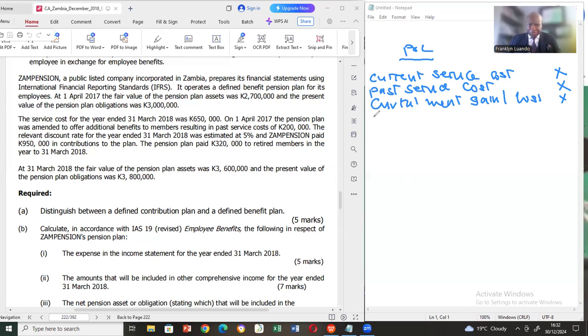Then we have net interest income or cost, depending on the situation.